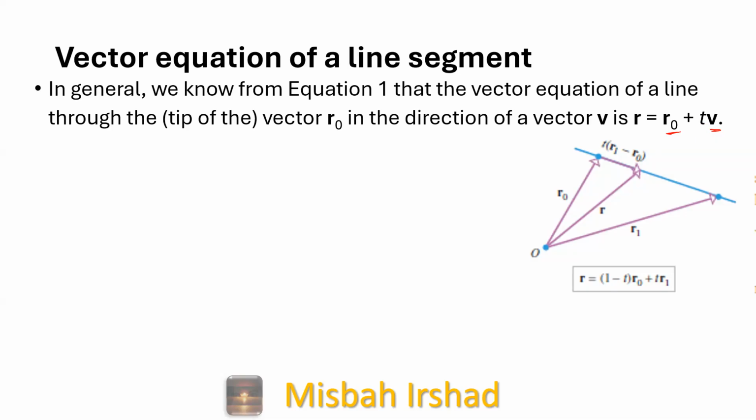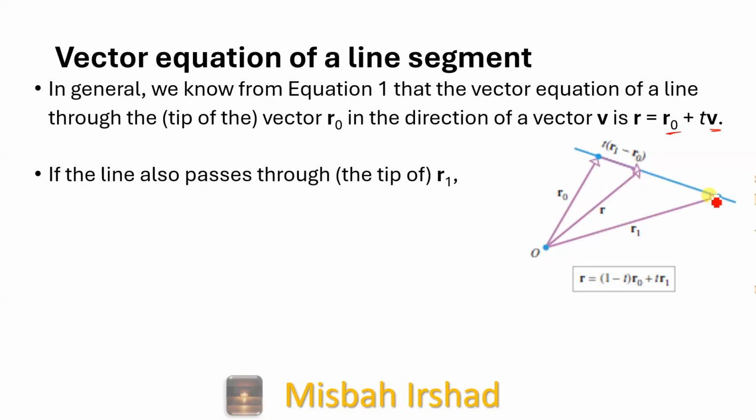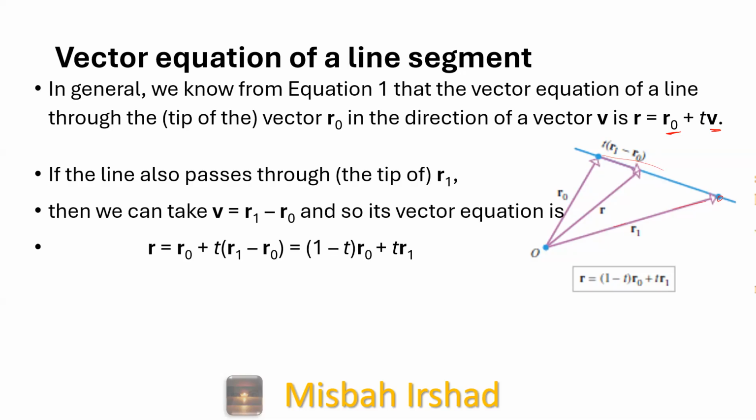But if we have another point P1 on the line, with position vector r1, then the vector r1 minus r0 gives us the direction vector, and the equation becomes r is equal to r0 plus t times (r1 minus r0). So instead of v, we use r1 minus r0 for the direction of the line.